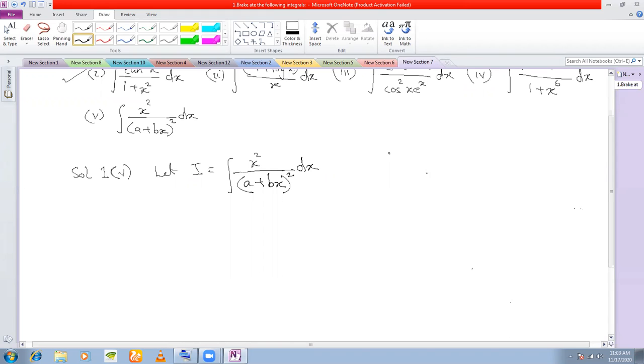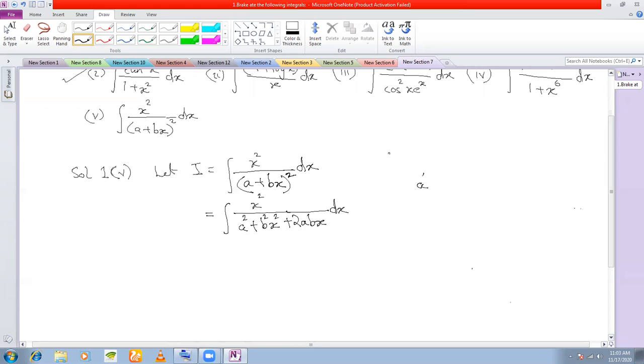How do you divide? But here if you see, this is a plus bx whole square, you can expand and then divide. So what you do here is you write this as x square by a square plus b square x square plus twice ab x dx. Okay, now you start dividing.